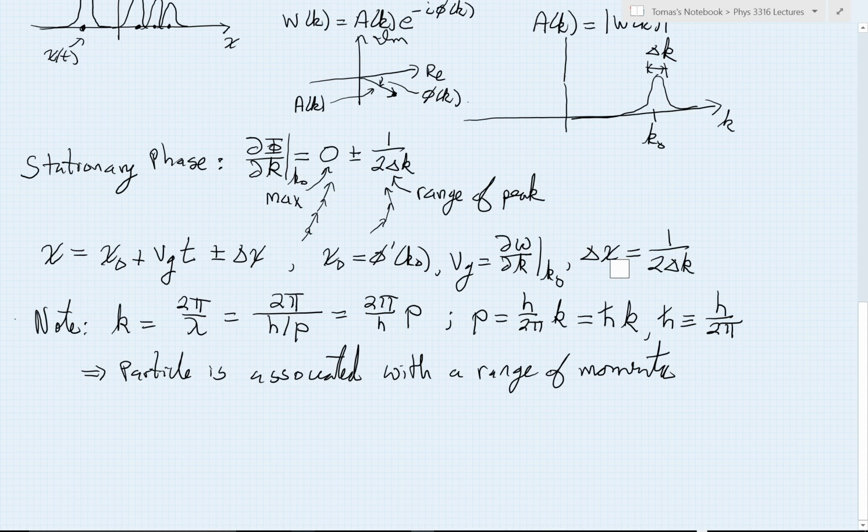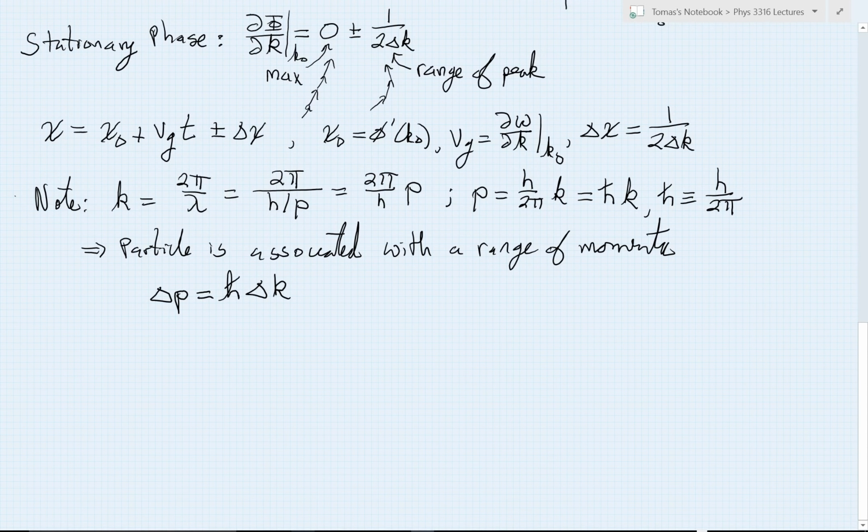I then have an uncertainty in where exactly I'd be measuring the particle. There becomes a spread there. So there's some kind of fundamental limitation here. So our particle is associated with a range of momenta, delta p, right? And because p is just h bar times k, the range in p is just h bar times the range in k. So delta p equals h bar times delta k.